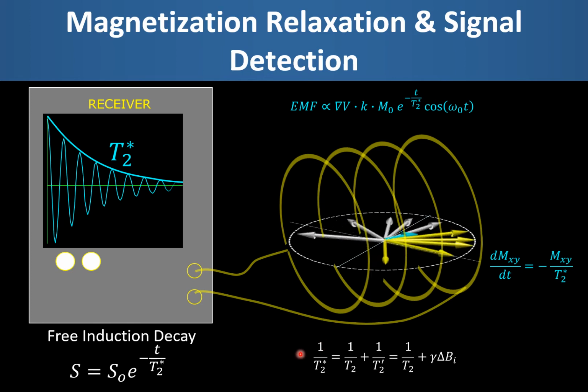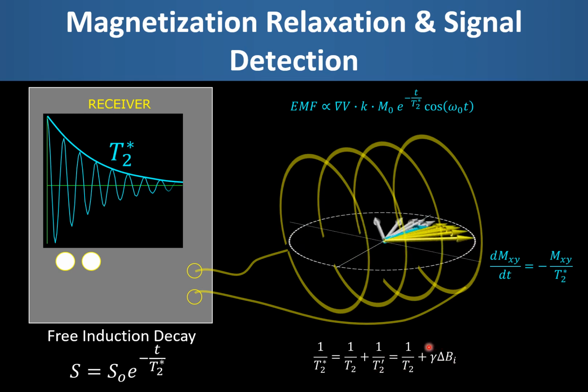So it's actually the relaxivities, 1 over the relaxation times, that add. So here's our proper tissue T2 value, but then here we have the component T2 prime, which is due to the additional effects of the field non-uniformity and the effect of the patient.